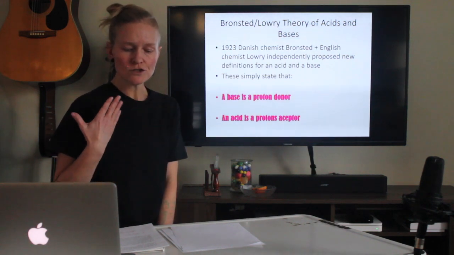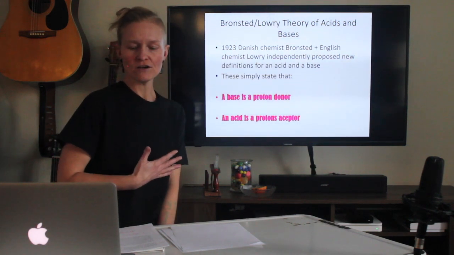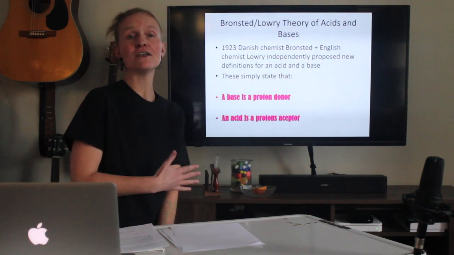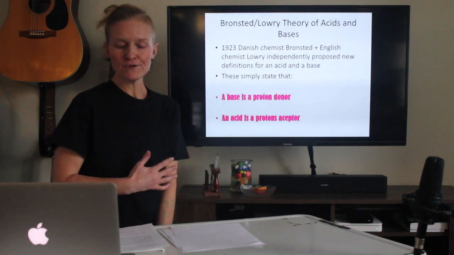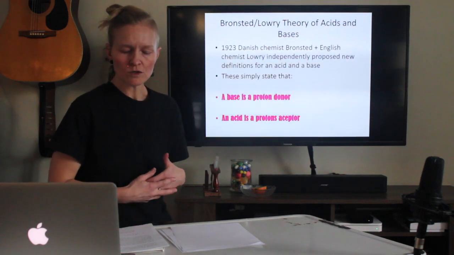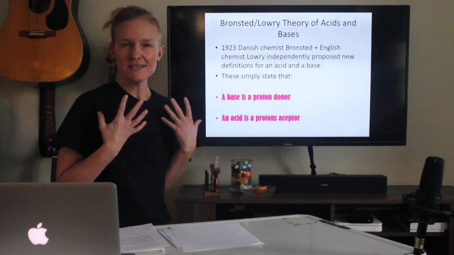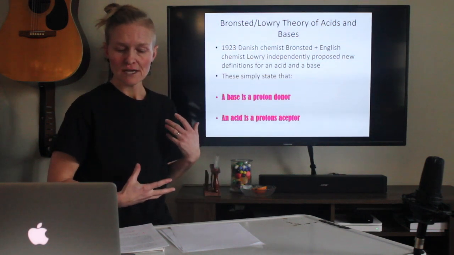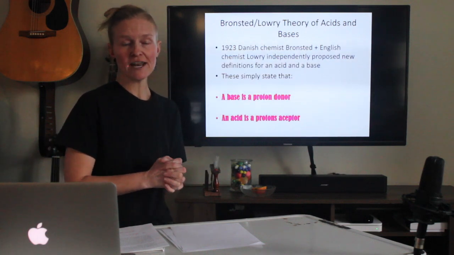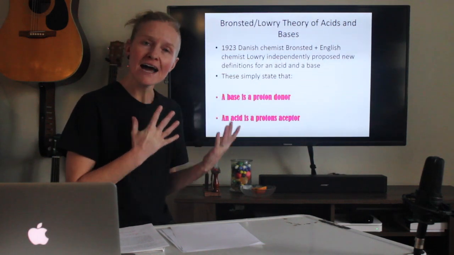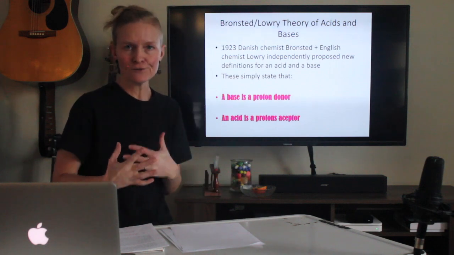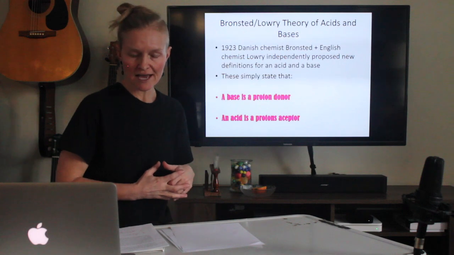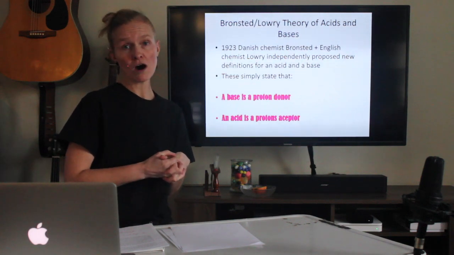So according to this new definition, an acid can only behave as an acid in the presence of a base, and vice versa. This definition included a lot more compounds that had up to this point been left out of an acid-base definition. It also meant that an acid did not have to donate a hydrogen proton. It could donate a different kind of proton. And that a base did not have to have a hydroxide ion as part of its compound.